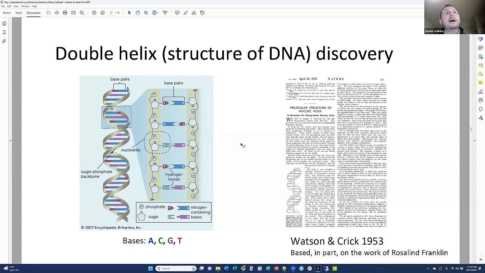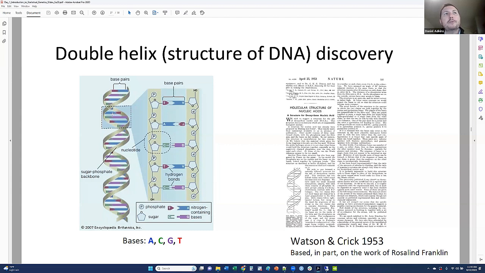Really, the way I like to think of the physical structure of DNA is it's essentially a spiral staircase in which the rails are sugar phosphate backbone. These are kind of unimportant. I mean, obviously they're important to give structure to the DNA, but from our perspective, they're less important than the nitrogenous base pairs that comprise the steps of the spiral staircase.